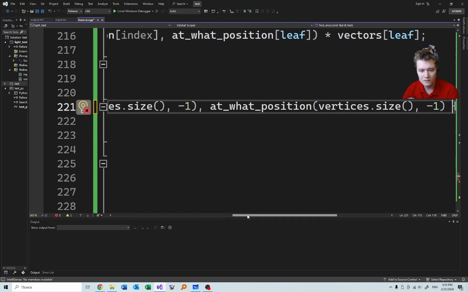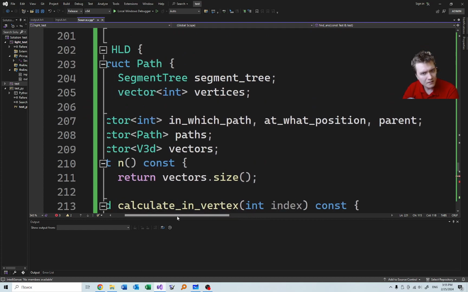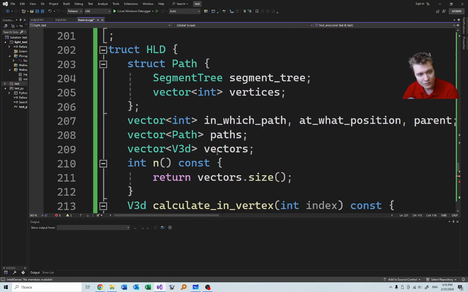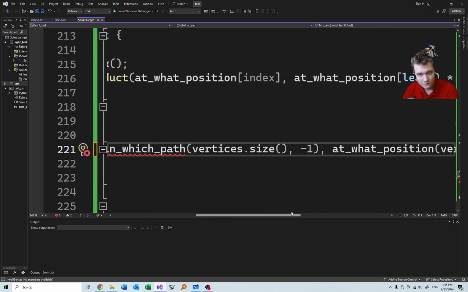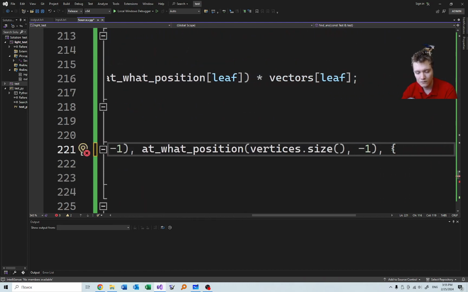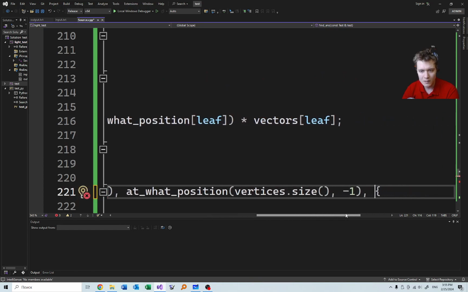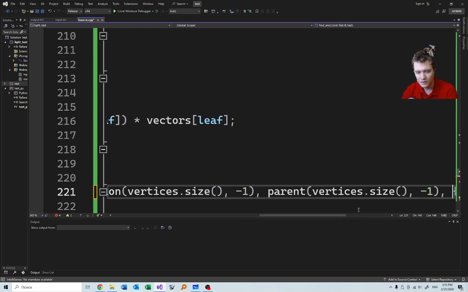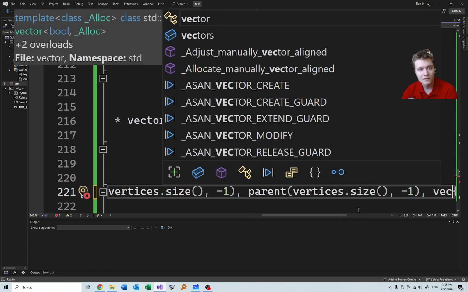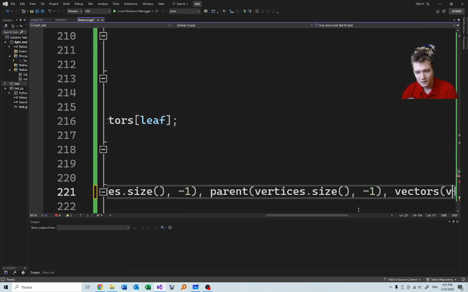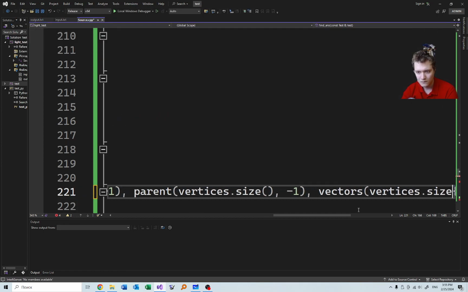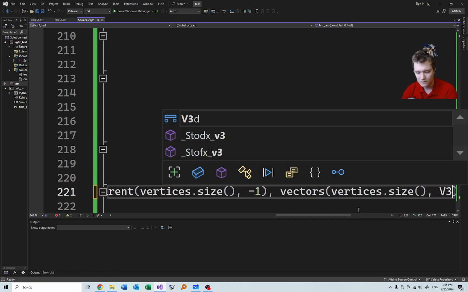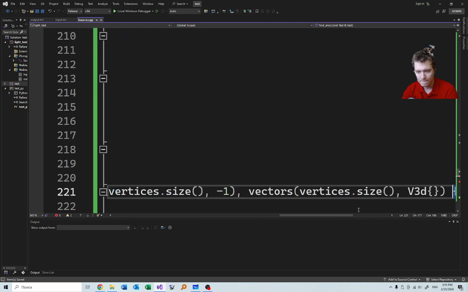What else? Parent is of size n, paths we don't know, and vectors we know. Okay, so parent vertices dot size minus 1 and vectors. Excellent.